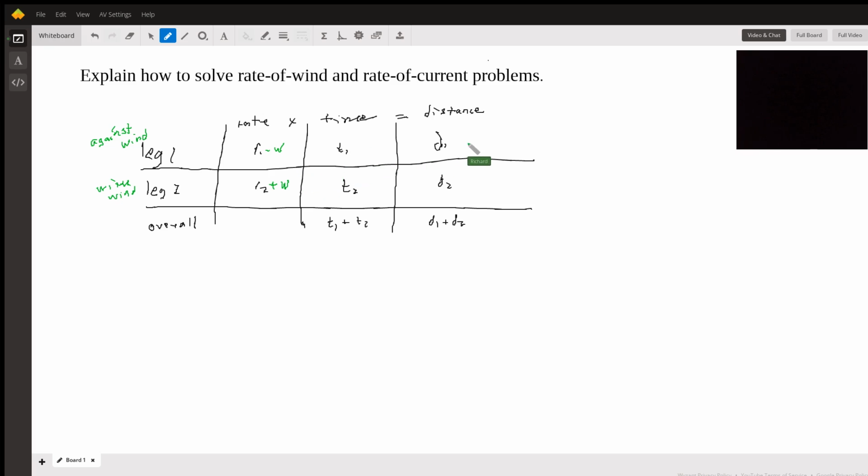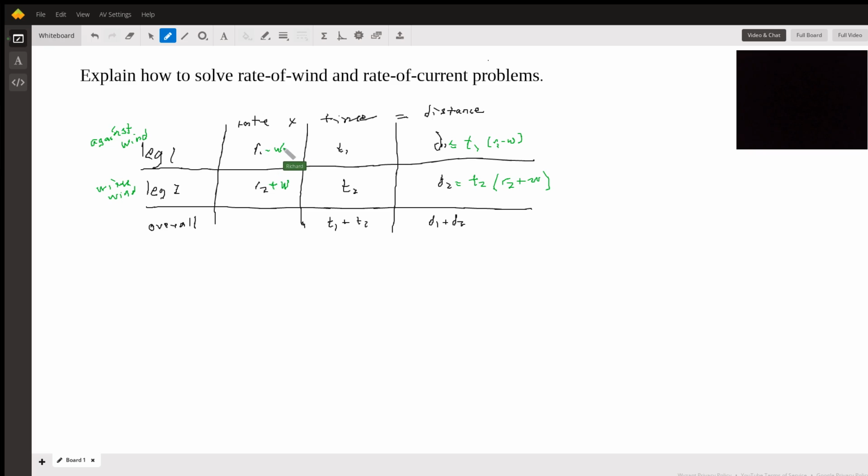And then, of course, this is a little bit different. D1 here is going to be T1 times R1 minus W, and then this is going to be T2 times R2 plus W. Now, sometimes these R1 and R2 could be the same.